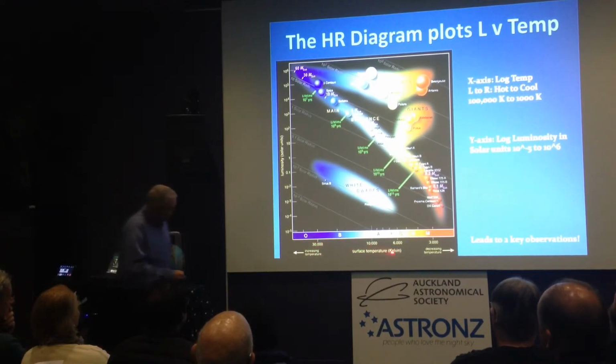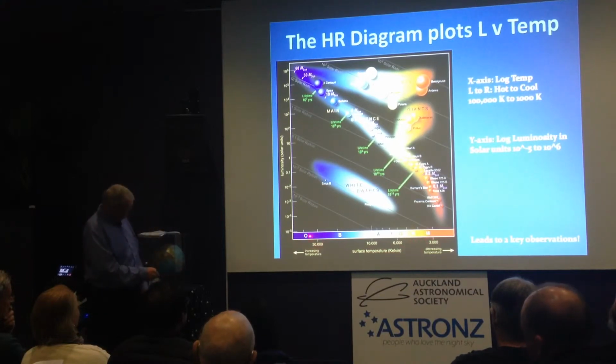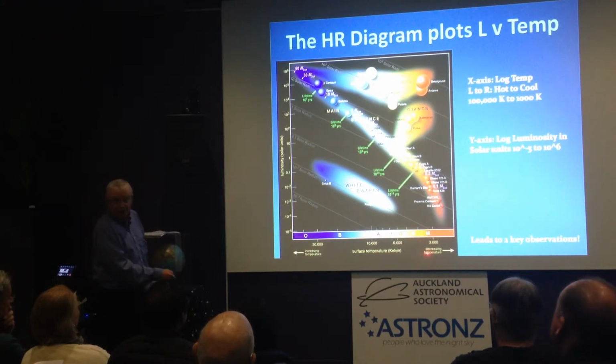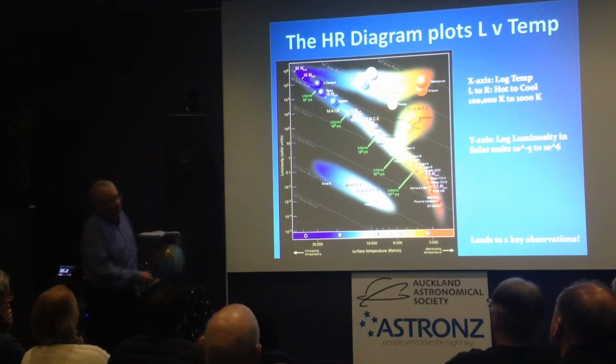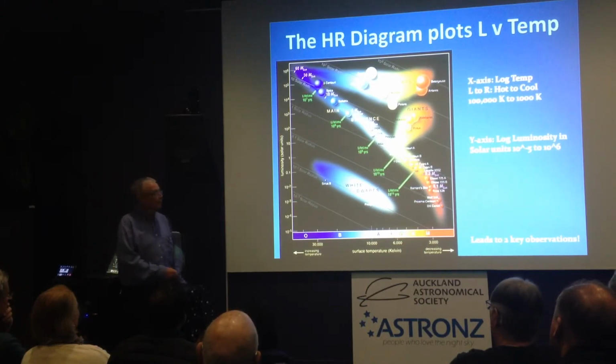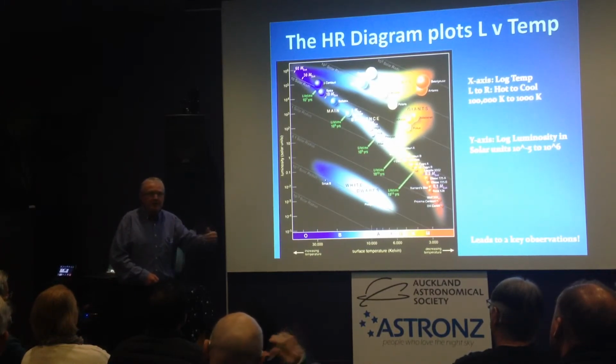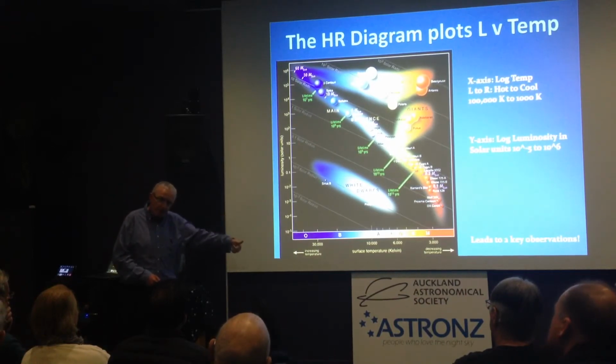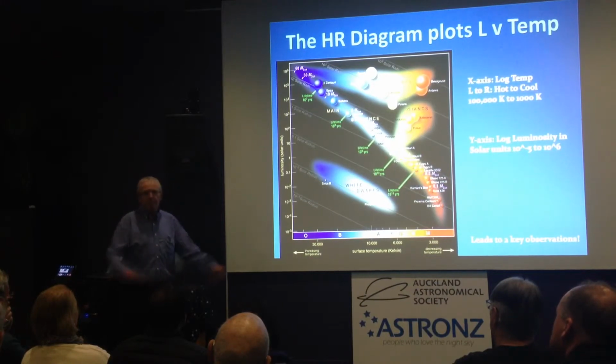That's logarithmic as well, but you'll also notice, interestingly enough, they put hot over here and cold over here. They did that on purpose to make sense. When I say they, it was two astronomers by the name of Hertzsprung and Russell. About 1910, both of them independently at the same time came up with this idea: should we plot luminosity versus temperature, we could make a lot of sense out of this jumble and zoo of stars of all different types.